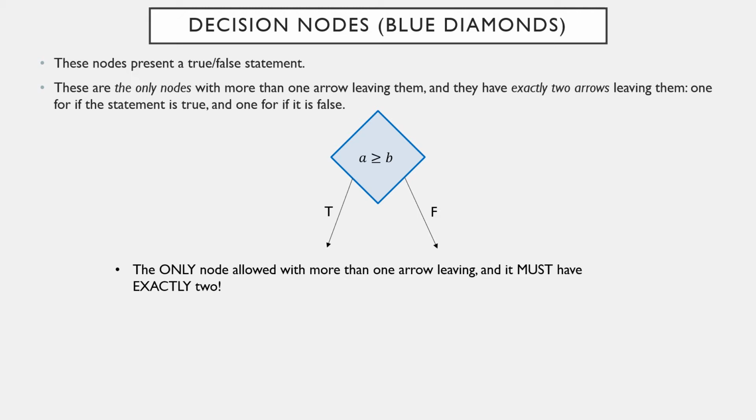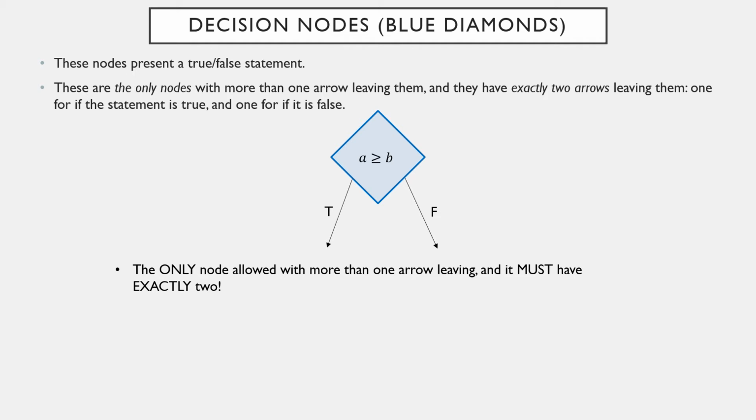When I see an algorithm with a gray computation node with 2 arrows leaving it, I get confused because I don't know which way to go. If I see a blue diamond with 1 arrow leaving it, I get confused because what if what's inside is true or false? It's got to have exactly 2 leaving. If I see a blue diamond with 3 arrows leaving it, I don't know what to do.